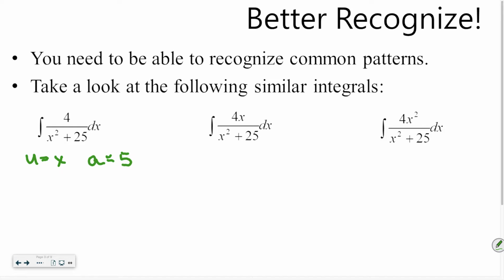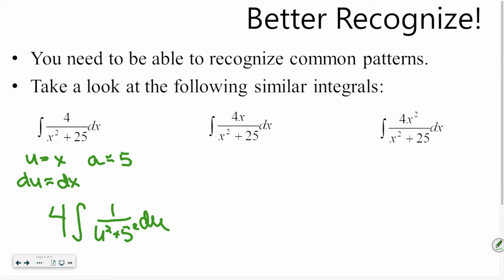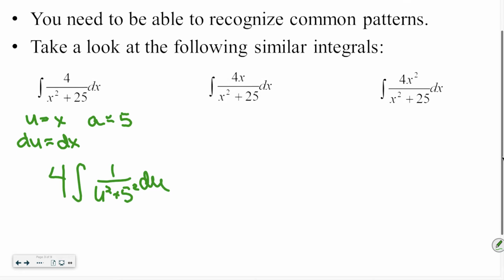Now, it is important to think about, du would be the same as dx. If we had a 4x squared, we would have to do a little bit of finagling with a u substitution there to get our integral to work out the right way. And we'll talk about that pretty soon. But what we have is 4 times the integral of 1 over u squared plus 5 squared. I'm going to use that u substitution just so you can see what's happening.